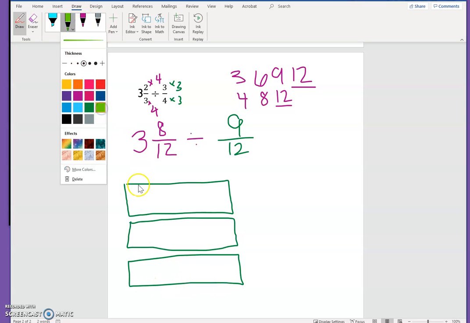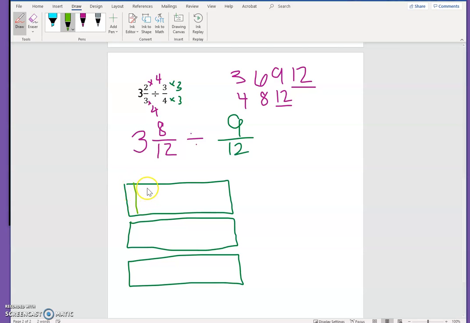And then I'll draw a line and break these into 12ths. And I'll do that in all of my boxes. Again, using different colors will be helpful for you to do this, especially when you're on a computer.